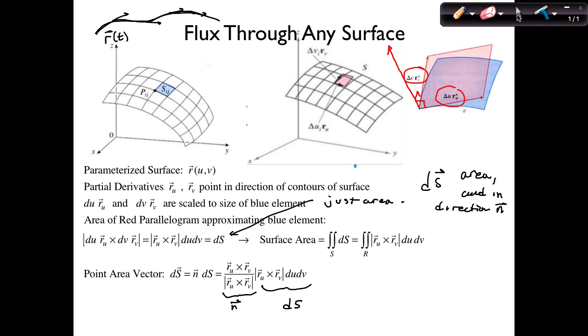You see that those magnitudes go away. And so our point area vector is just the cross product times du dv. So the cross product du dv is exactly what we need for the flux integral. It is the area of the parallelogram and the direction normal to the surface.